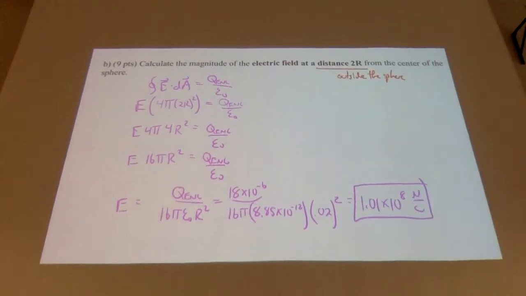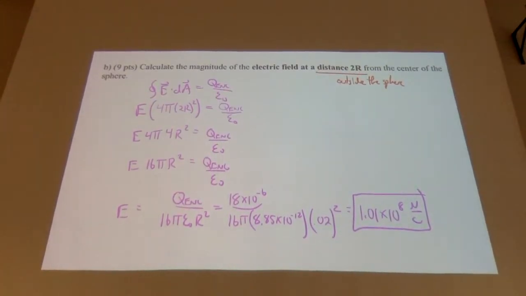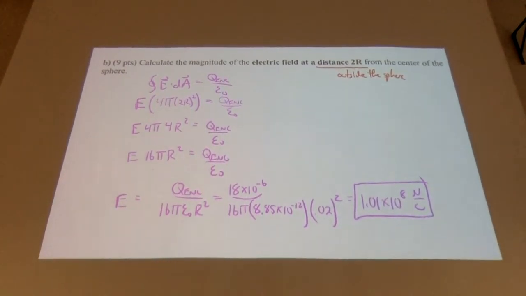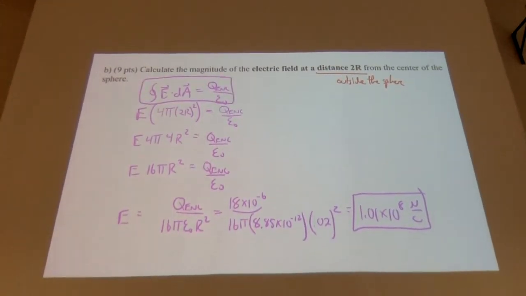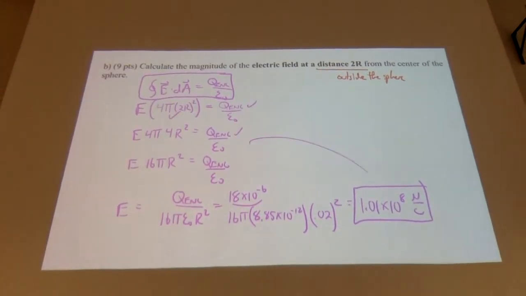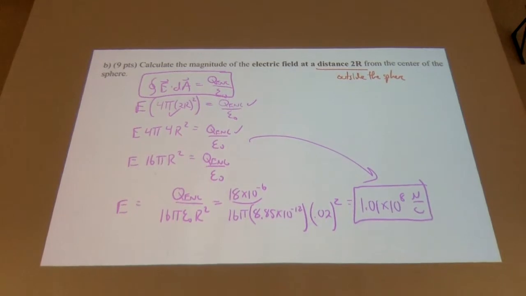Yeah. So even if you got it right, but you use the wrong formula, you still get most of the points wrong. If I didn't see Gauss's law and then these following steps to get to that number, then yeah.